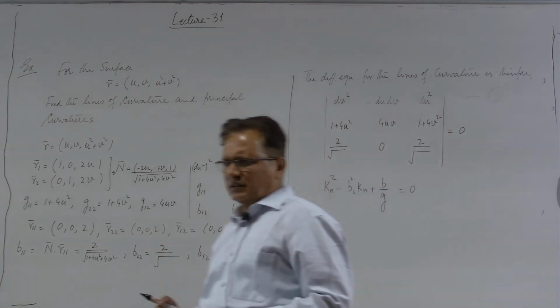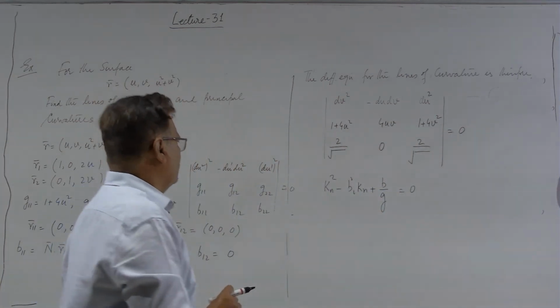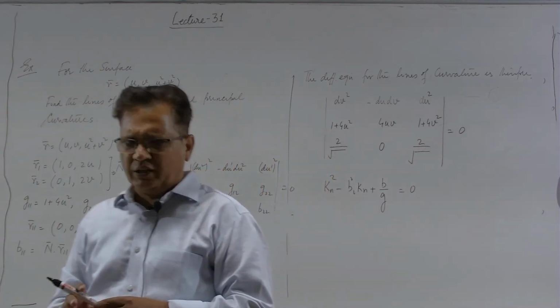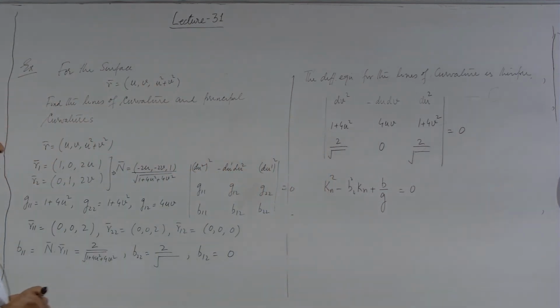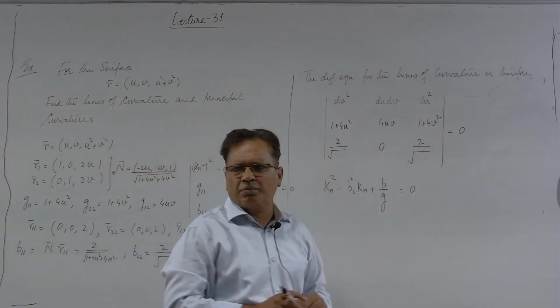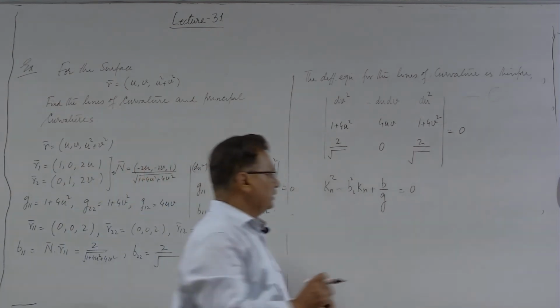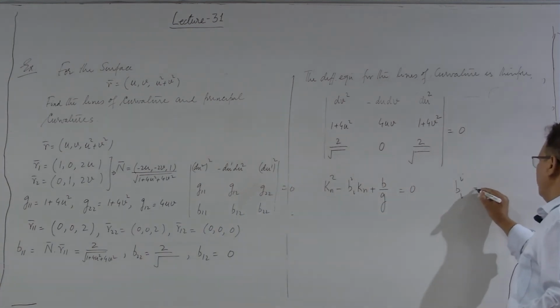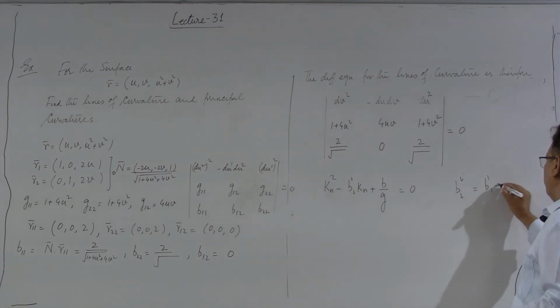Now, most of the things are readily available to you, only BII you have to work out. How would you work out BII? For example, this BII means B11 plus B22. When I say BII, I mean B11 plus B22.